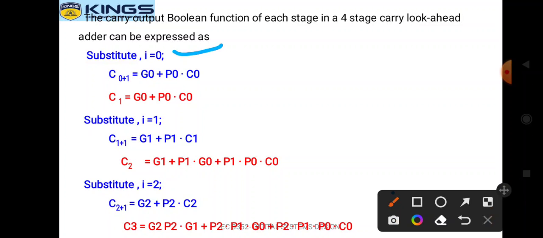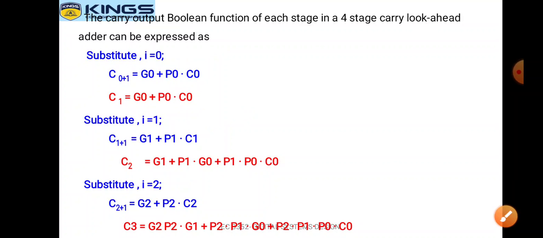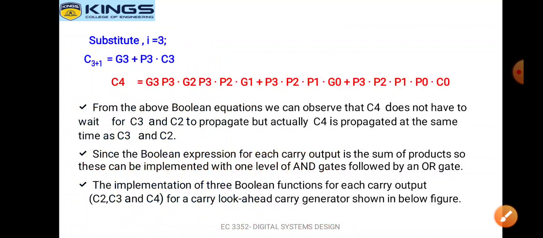So C1 is equal to G0 plus P0 C0. Similarly, I am going to derive for 4 bit, that means i is equal to 0, 1, 2, then 3. So altogether I have got 4 expressions, C1, C2, C3 and C4.